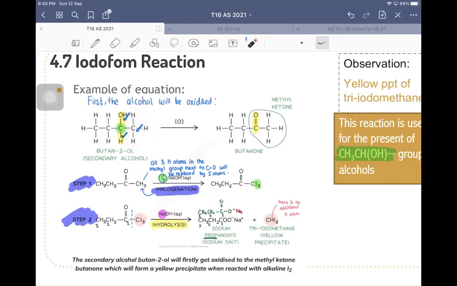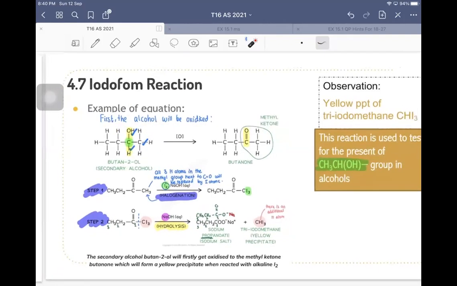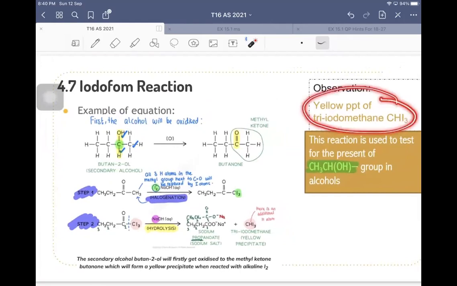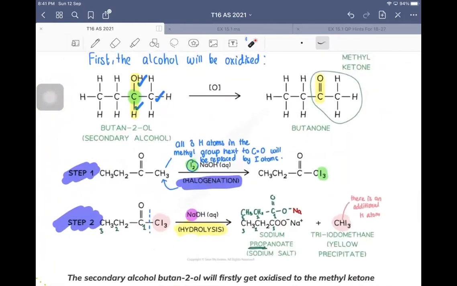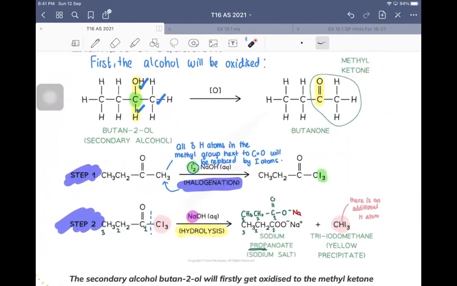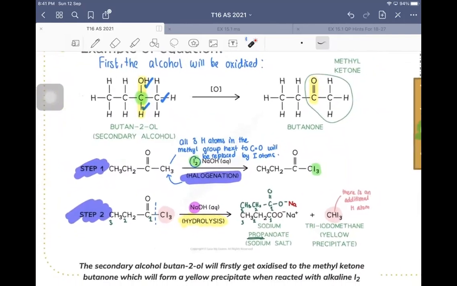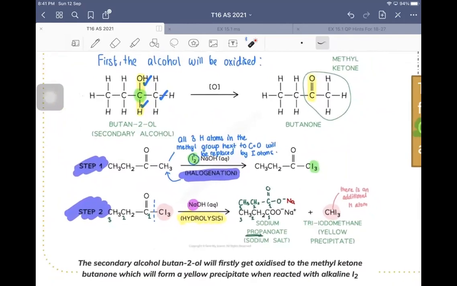Okay, so I'll leave you to copy this down. Don't forget to copy the observation, what that yellow precipitate indicates, as well as this reaction. Okay, don't forget the first part is the oxidation bit, and then only you start step 1, which is halogenation of the methyl group next to the carbonyl carbon, C double bond O. All the 3 hydrogens in that CH3 will be substituted with iodine atoms, CI3.